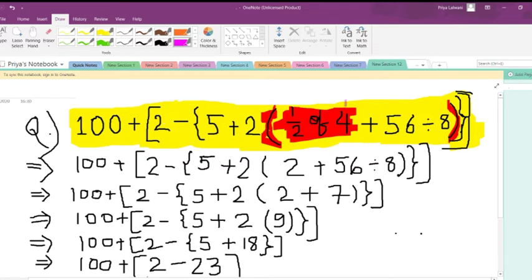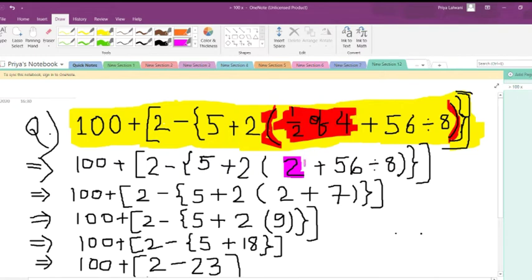So when we solve this, half of 4 means when you cut this 2 with 4, the answer will be 2. So this we have written here, and the whole equation I have written as it is, and only solved this much first.